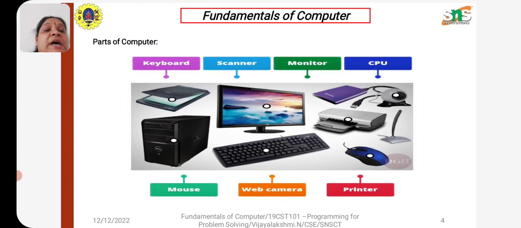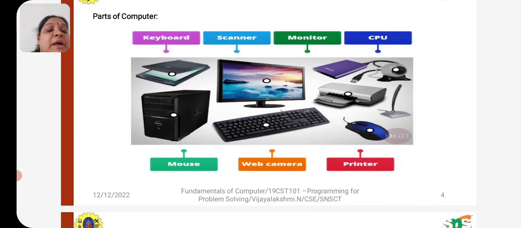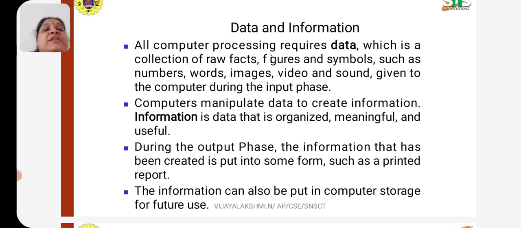And what are all the parts of the computer? Keyboard is there, scanner, monitor, CPU, mouse, web camera, printer, everything is there. Data and information: there is a vast difference between data and information. Data is nothing but a collection of raw facts. The data can be in any form, even a clumsy one.